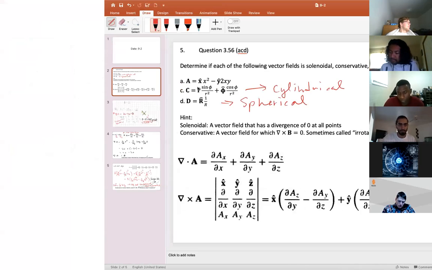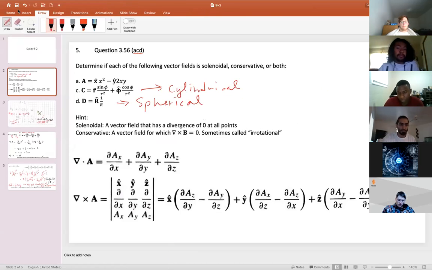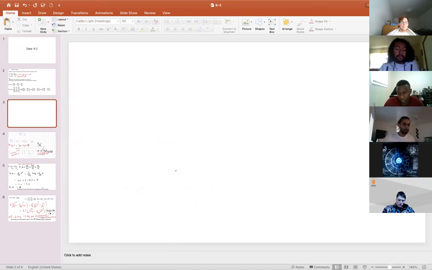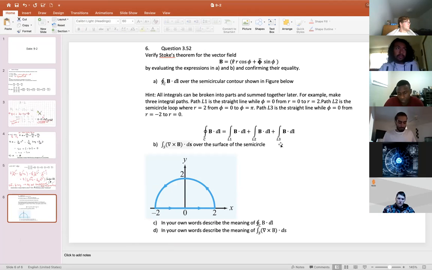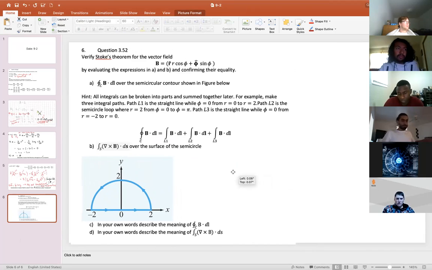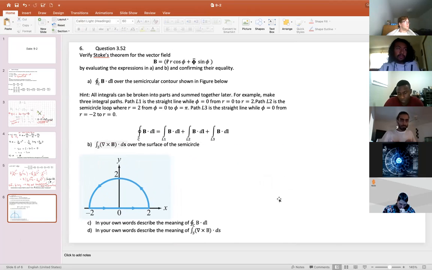Okay, now let's go on to another problem. This one is probably the most involved. This one is asking you to verify Stokes' theorem.